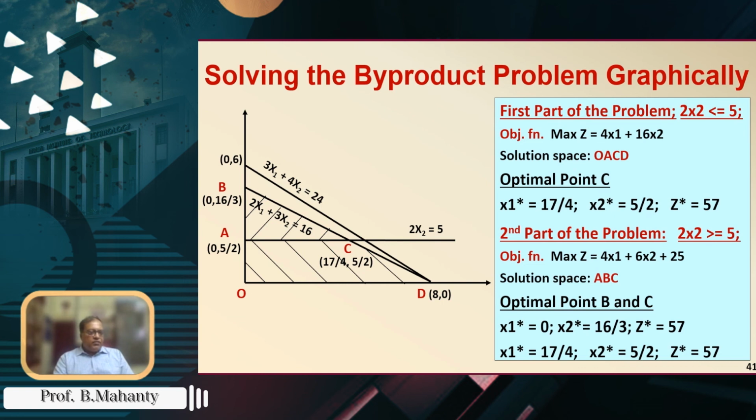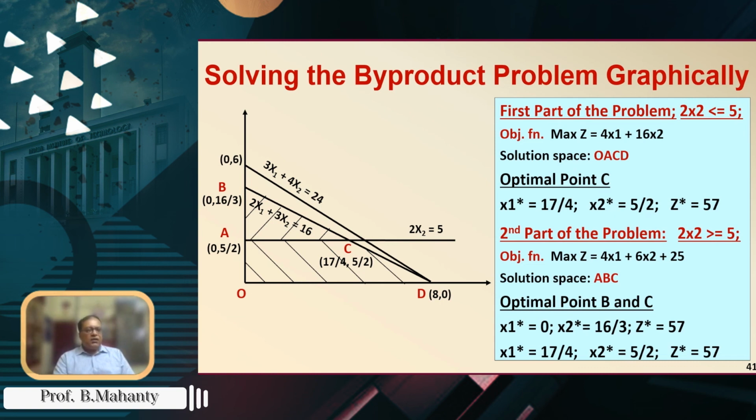Not only that, every point on the line segment joining B and C also becomes optimal. So point B is optimal with x1 equal to 0 and x2 equal to 16 by 3, z star is 57, and C is also optimal: x1 star equal to 17 by 4, x2 star equal to 5 by 2, and z star equal to 57.